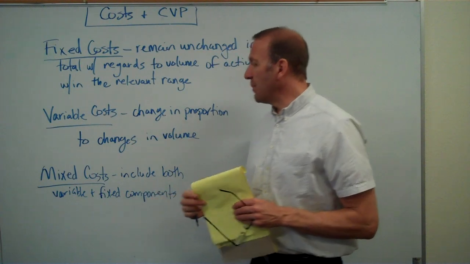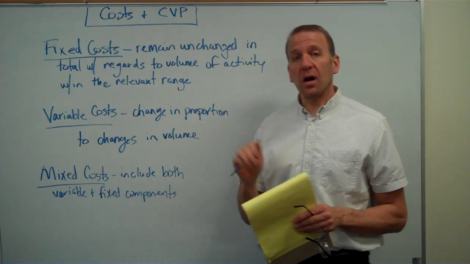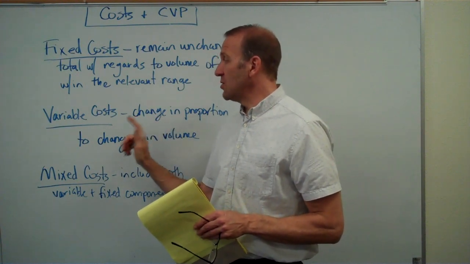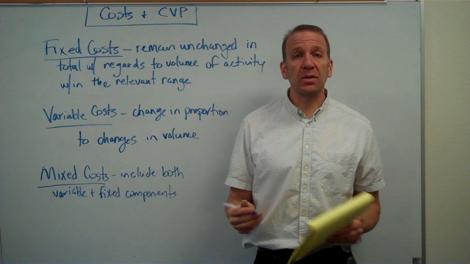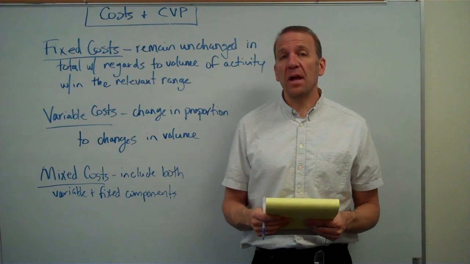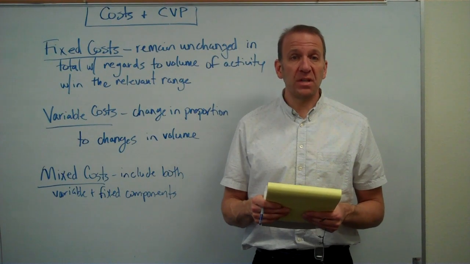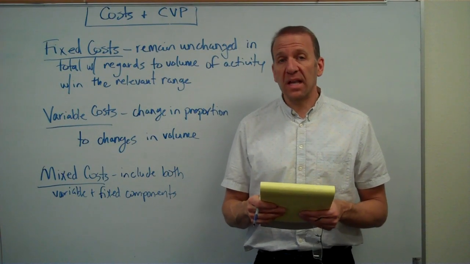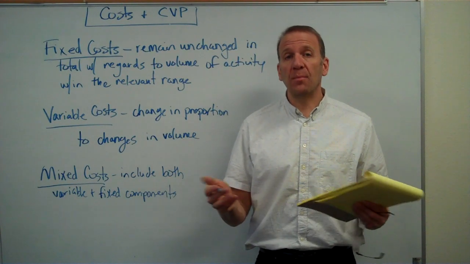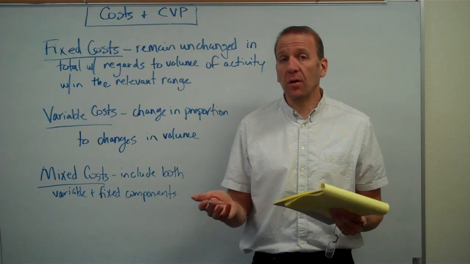Variable costs change in proportion to changes in volume. Okay? Direct materials and direct labor are good examples of variable costs. Let's use materials for our example. Let's say we were manufacturing a table, and it requires $50 worth of materials. If we manufacture one table, what's the total dollar amount of materials we'll need? Well, I said it was $50, so that's what it would be.